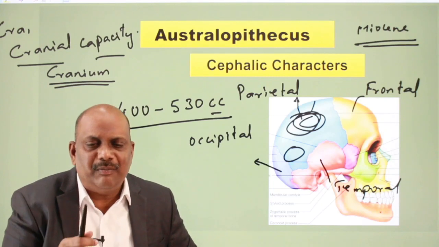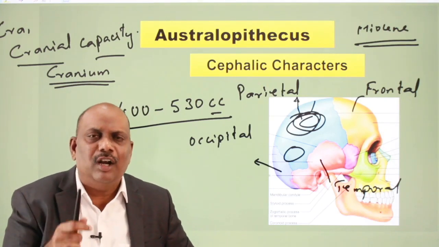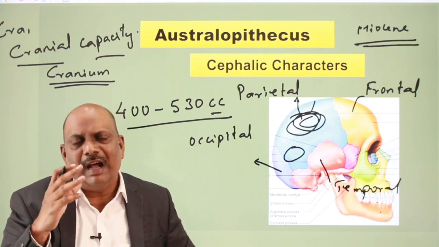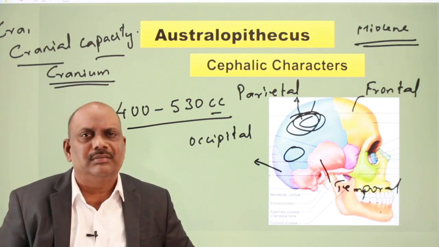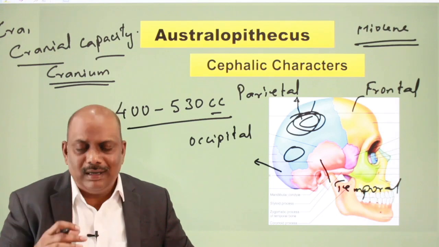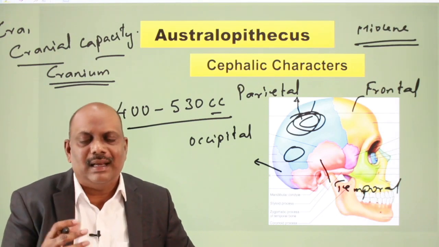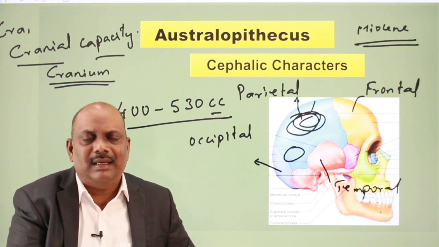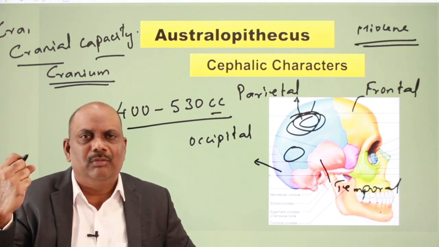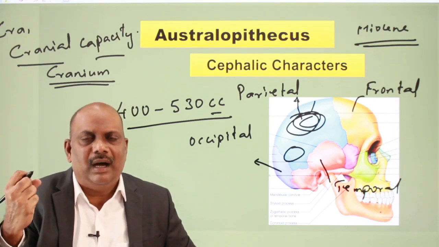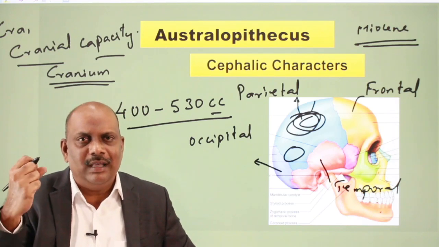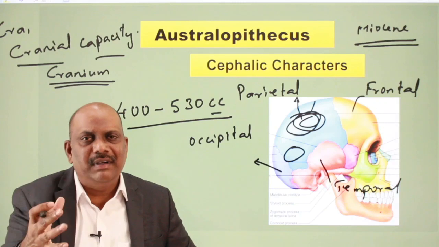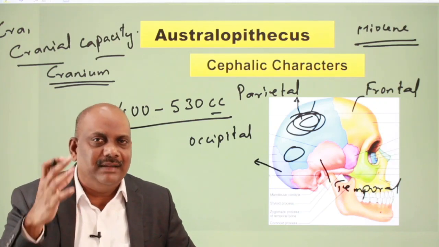The development of the cerebellum allowed Australopithecus to make very fine body movements during locomotion. Even while running, they can take a stone and throw it at some other animal, or carry a sharpened wooden pole and throw it at animals. This is evident from the development of the cerebellum.